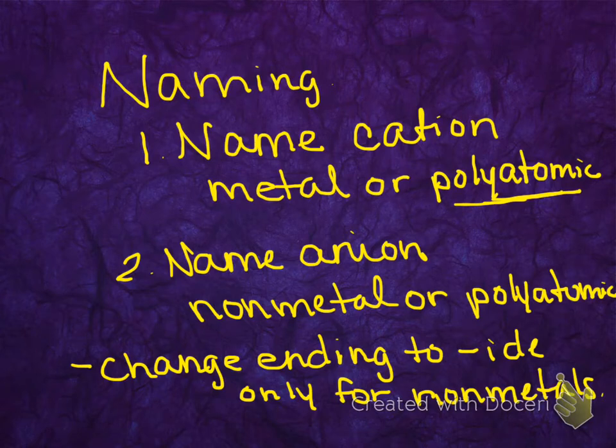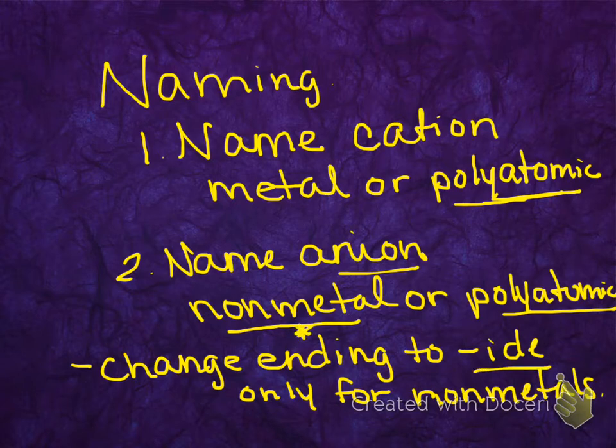Then we're going to name the anion. That's either going to be a nonmetal or a polyatomic ion. If it's a nonmetal, and only if it's a nonmetal, we change the ending to IDE. Polyatomic ions, the endings stay what they are on your polyatomic ion chart.